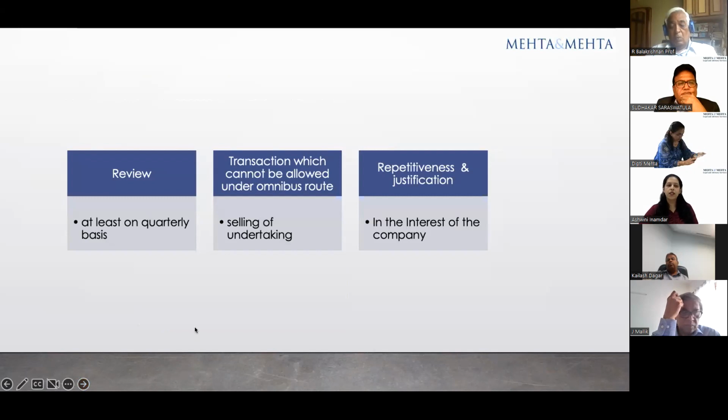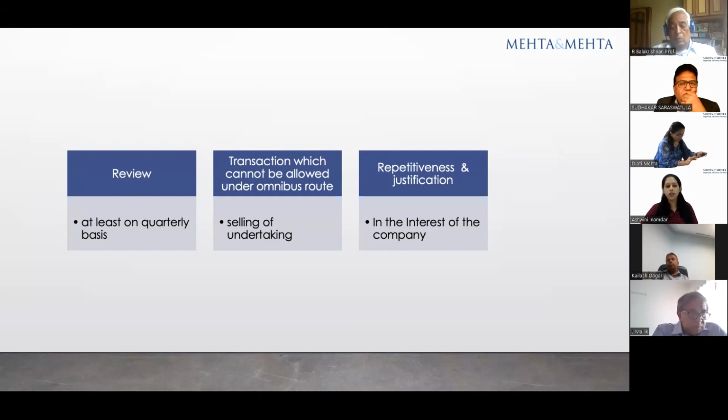Once it is given, the review will be done on a quarterly basis to understand the transaction value, and to check that there has not been any breach in the approval given by the audit committee. The report will be given by the management to the audit committee members.